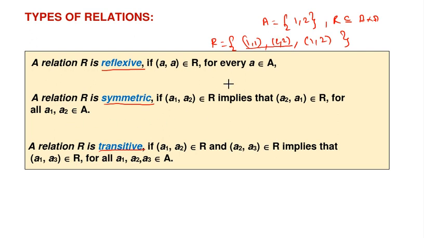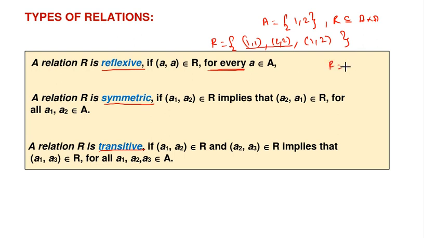That is very important: for every member of the given set A, the pair A comma A should be in the relation. And additional elements are also accepted, but if only self images, that is the identity relation. So this is a reflexive relation.